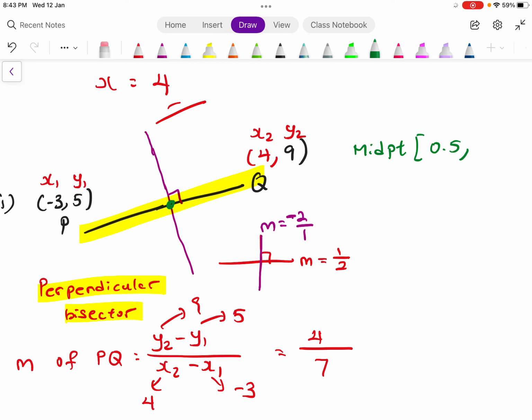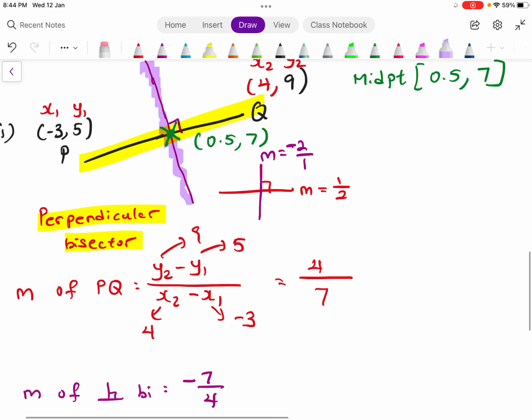Then put a comma. y1 plus y2 is 5 plus 9, which is 14, and 14 divided by 2 is 7. So the midpoint right here is (0.5, 7). You will notice that my purple line passes through (0.5, 7).